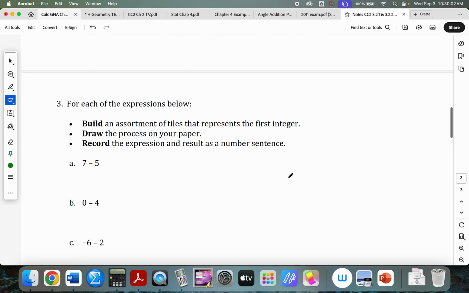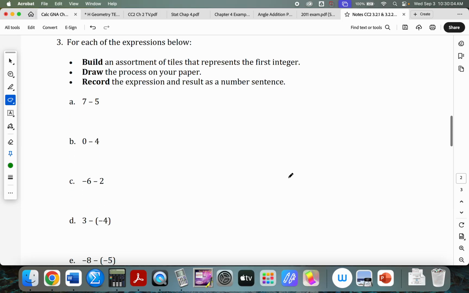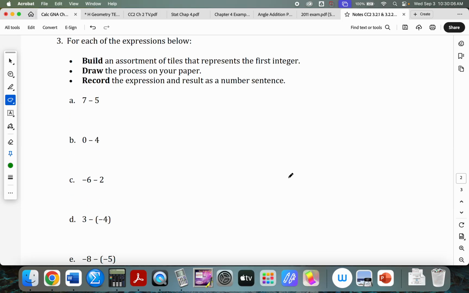All right, let's move on to the back. So we're not going to take the time to, it takes long enough to draw these, and we're eventually going to get away from drawing them. I'm not going to make you build all these with the little tile deals unless you really want to. Not really? Okay.